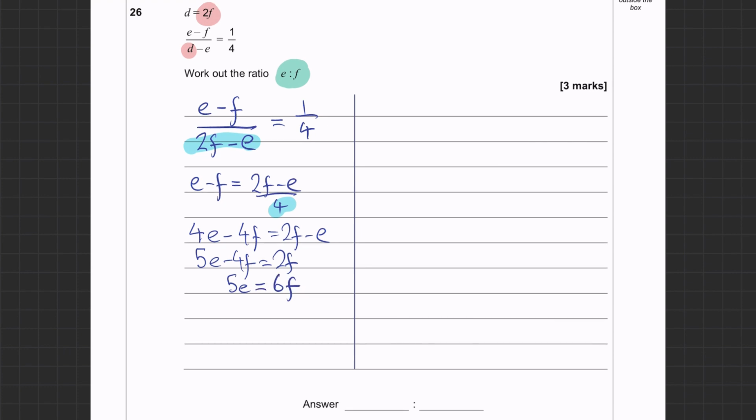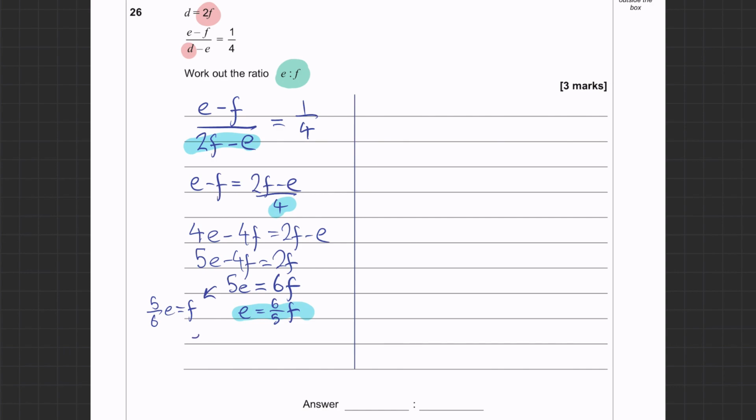Now, if we want to find e, we're going to divide both sides by 5. So we'll have e equals 6 over 5 lots of f. Or if you want to find what f is, you divide both sides by 6. So 5 over 6 e equals f. Now this is where you've got to be really careful. I'm going to choose this e equals 6 over 5 lots of f.